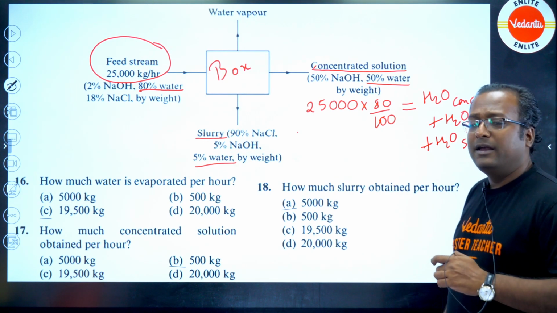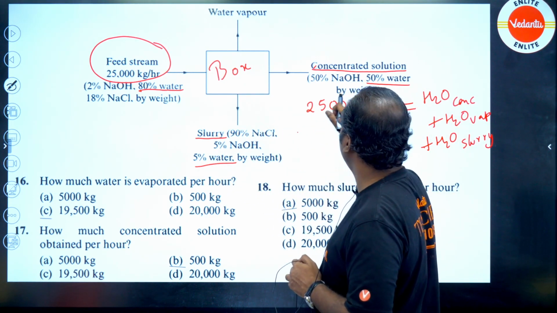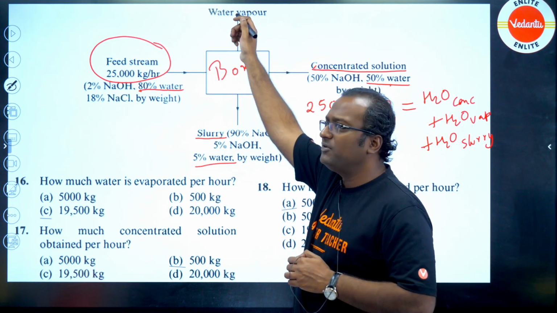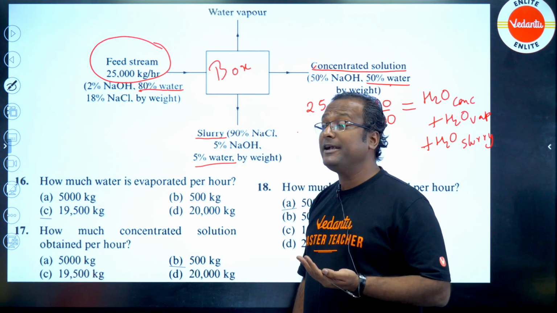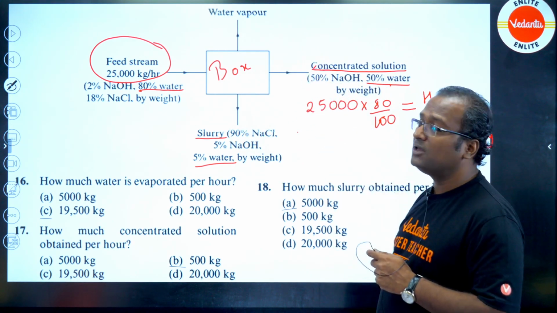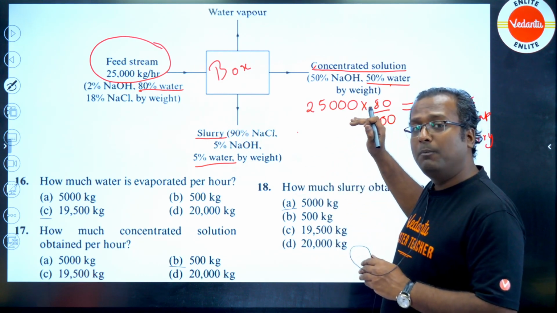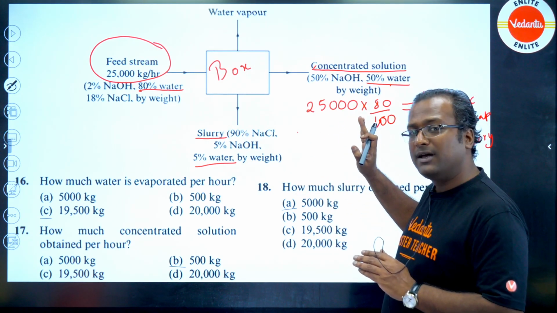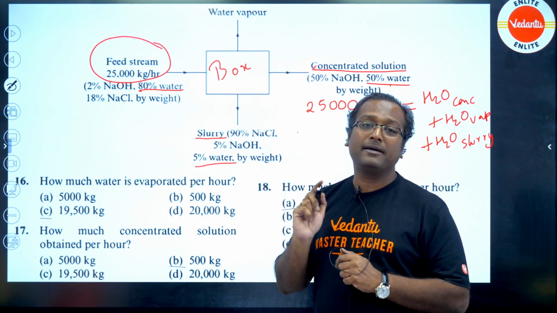Now, in order to take this question ahead, we have been given data: 5% weight here, 50% weight here, and obviously water vapor is 100% pure. But I don't know the flow rates of slurry, the concentrated solution, the water vapor. So starting to solve the question from a component that is water, which is present in all four of them, is a mistake.